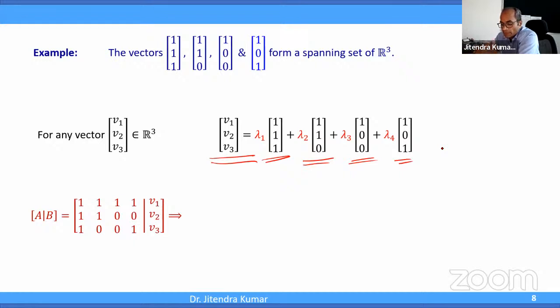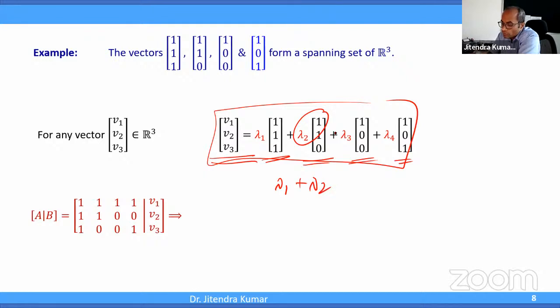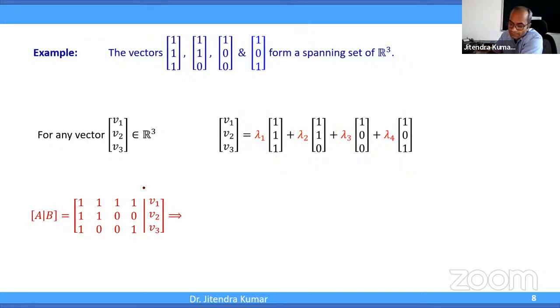And this is just a system of linear equations, nothing else, where the first equation has lambda 1, lambda 2, lambda 3, and lambda 4, equal to v1. Similarly the second and third equations.